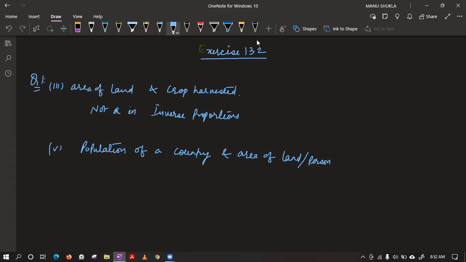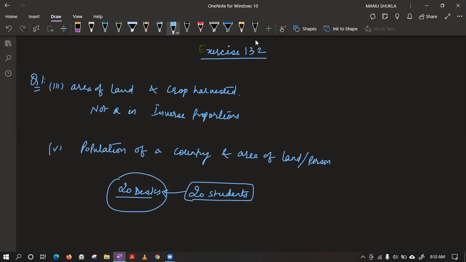It is an inverse relation like your class also. Suppose right now in your class there are 20 desks and 20 students. That means one student is occupying one desk, no problem. If this is constant, if this is fixed and I increase the number of students to 30, or suppose I make it 40, what will happen now?